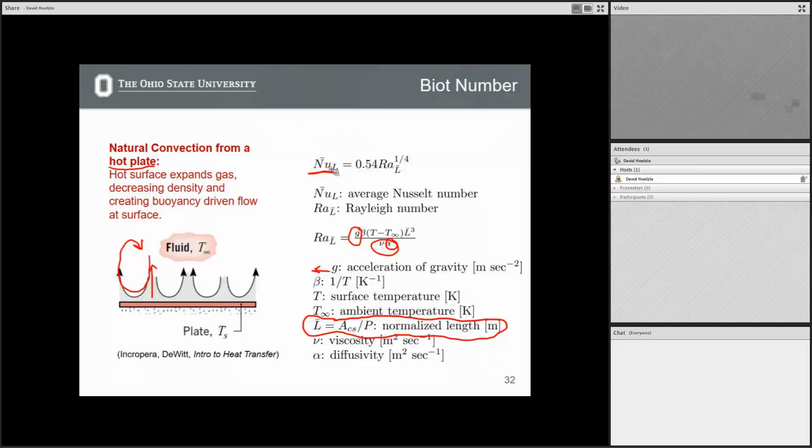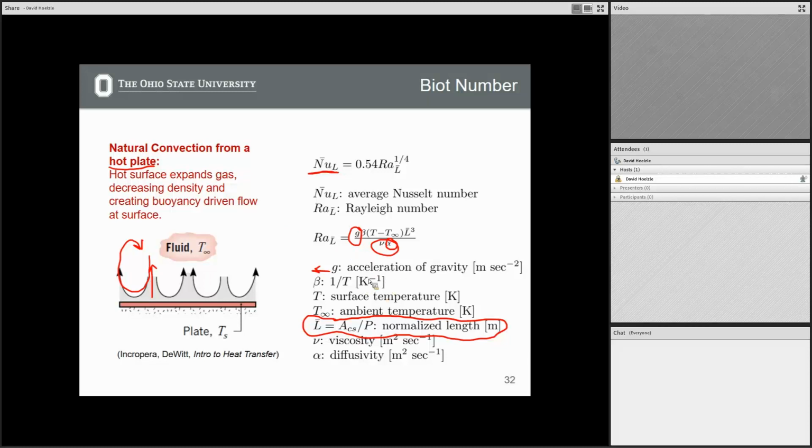But the main thing is the Nusselt number changes when we talk about natural convection on a flat plate. We're going to use these relationships. So first, we're going to calculate what the Rayleigh number is for this particular problem. So g, acceleration of gravity, right? 9.81 meters per second squared.